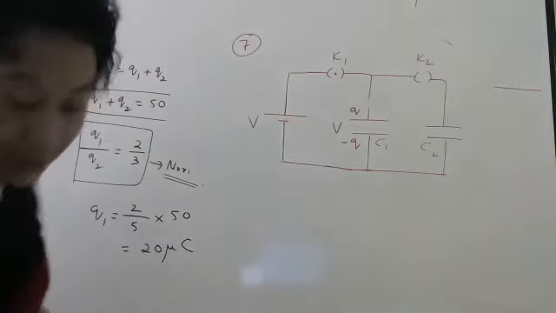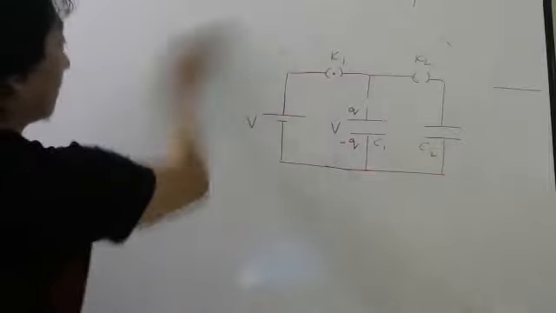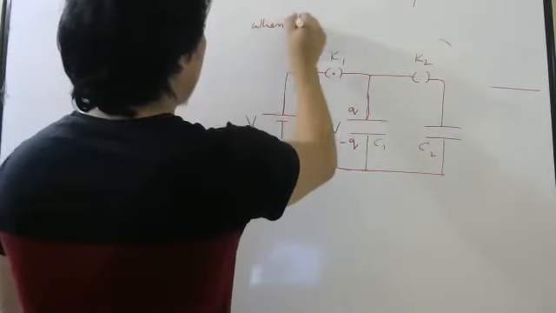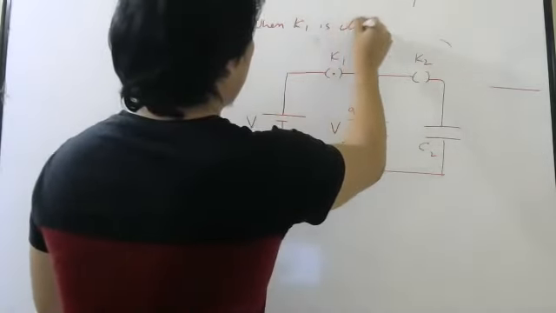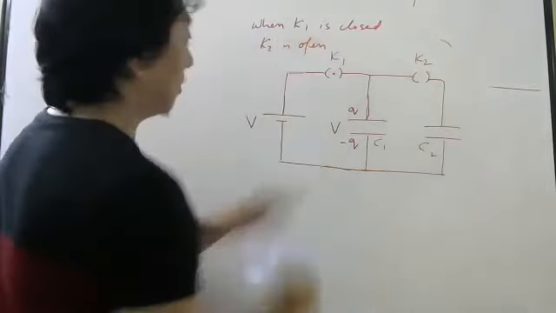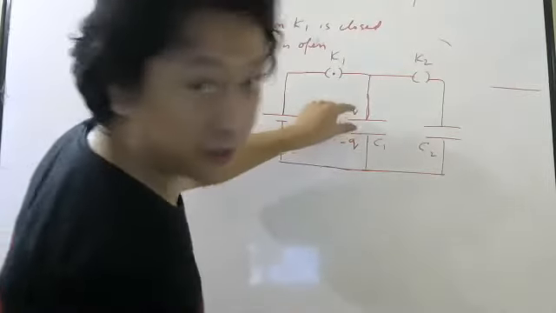Okay, so look here. Very simple question. Till here you understood, everybody? So this is the situation when K1 is closed, K2 is open. So this is the initial situation. No charge will come here. This will get charged, right?